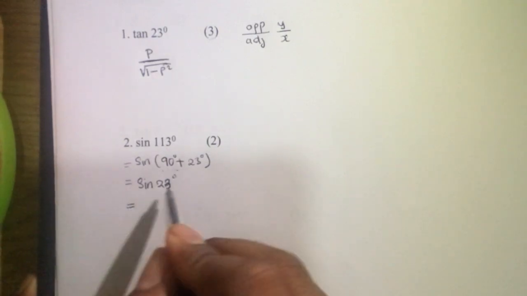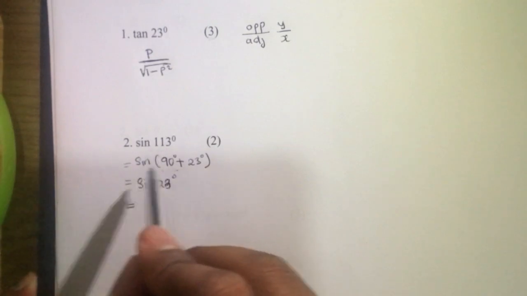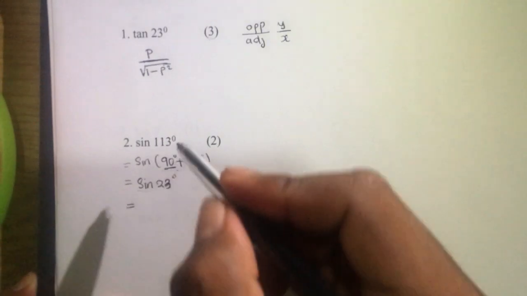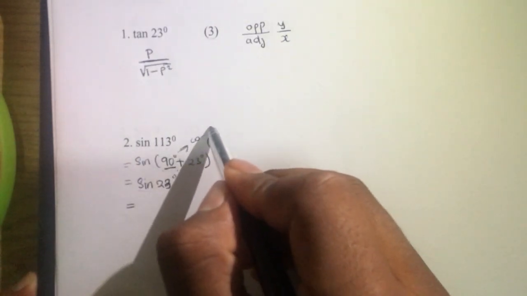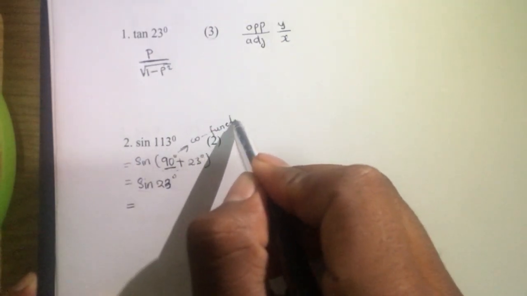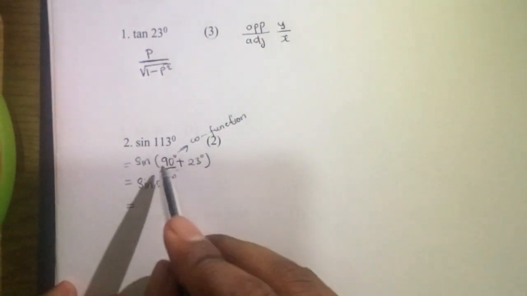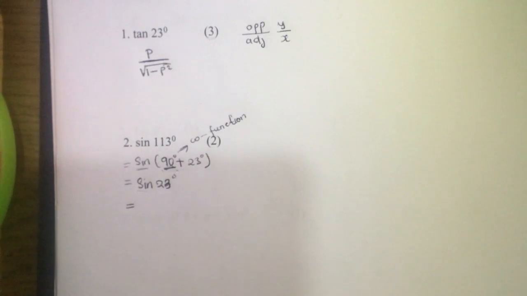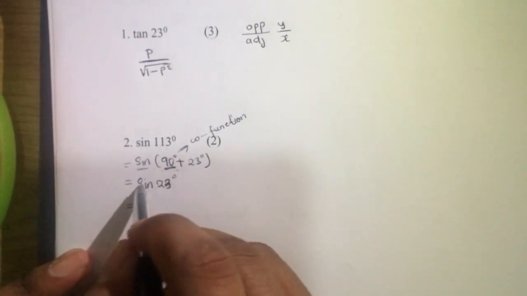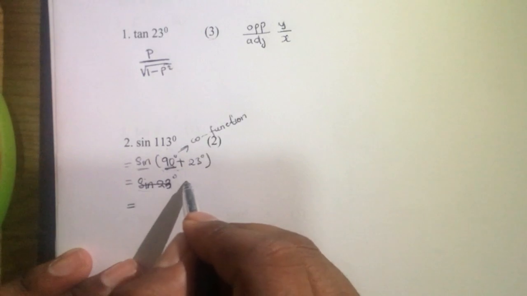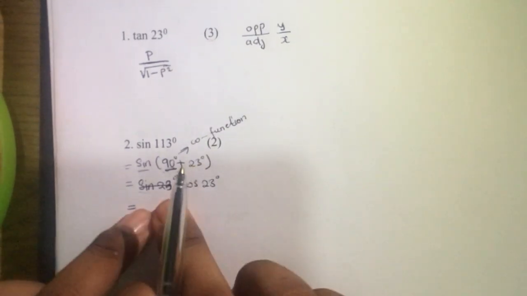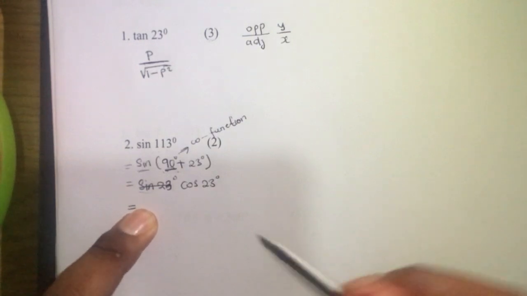So now we remember that 90 is our co-function angle, right? When we say co-function, 90 makes an impact on sine. It changes sine to cos. So we will have cos 23. Sorry about that. Let's continue.